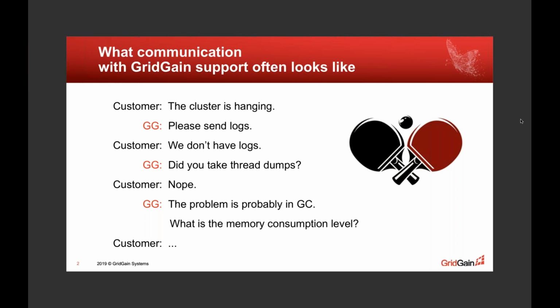So this is an unnecessary delay between the issue happening and the start of some kind of analysis. This is really unnecessary and can be eliminated by just configuring monitoring in advance. That will give you more information in future if something bad happens again.